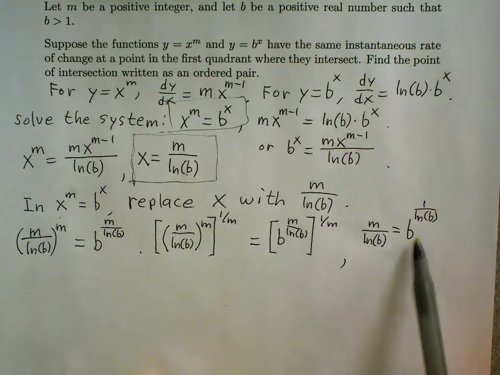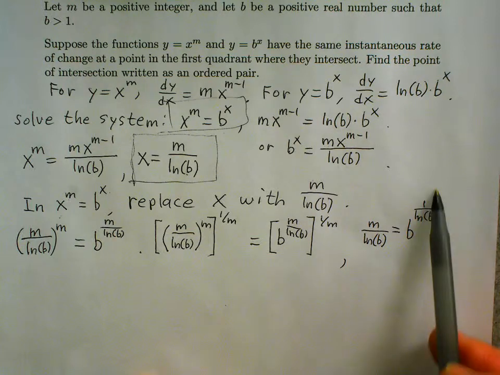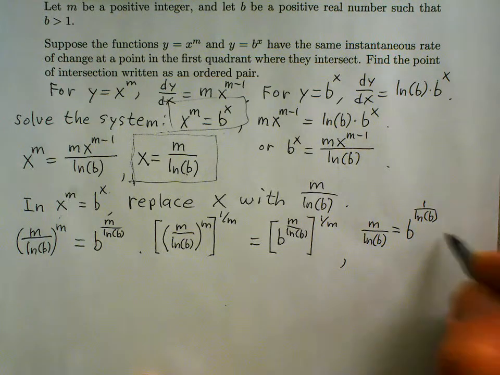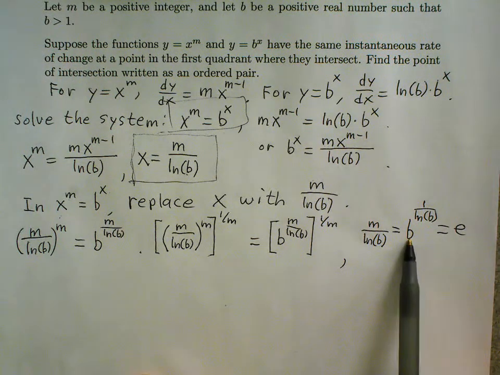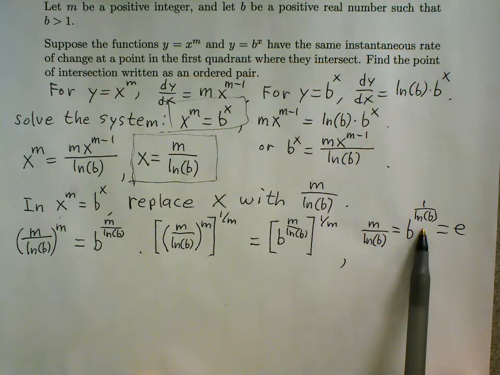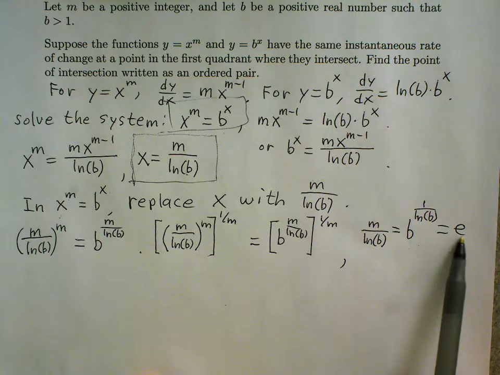In a couple of minutes, I'll show you how to simplify b to the 1 over the natural log of b to the number e. So for as long as b is greater than 1 and not equal to 0, b raised to the exponent 1 over the natural log of b simplifies to the number e, which is approximately 2.71828.